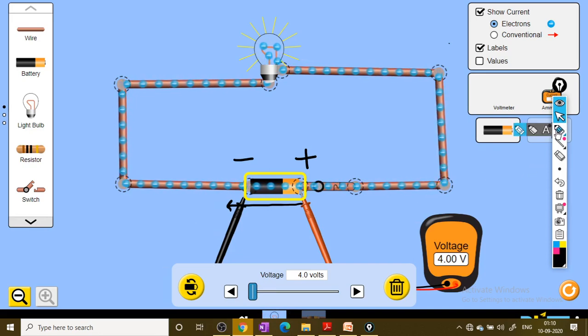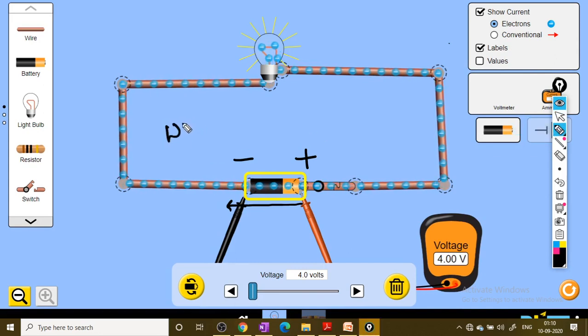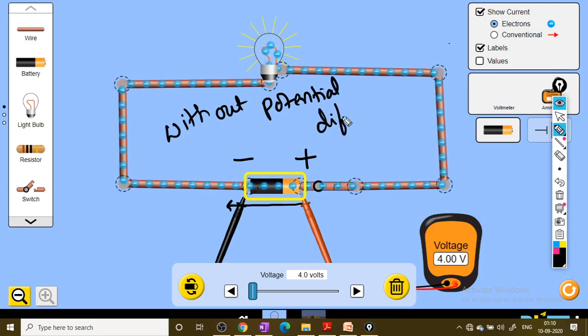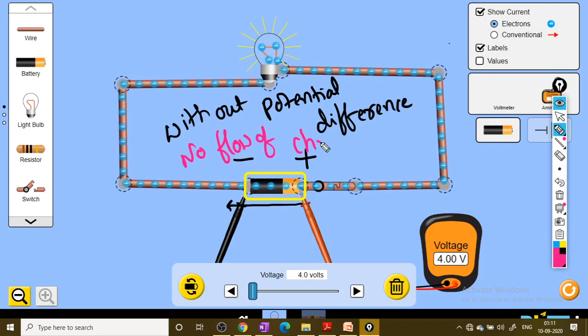Without potential difference, there is no flow of charge, or no current. So if I keep the potential difference 0, charges are not flowing, and that's the reason the bulb is not working.